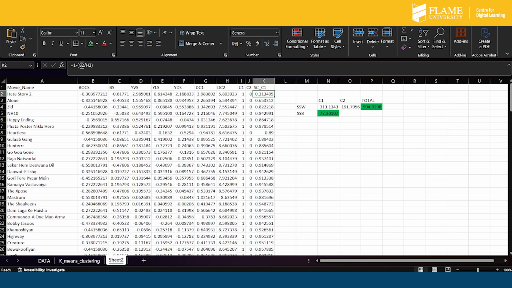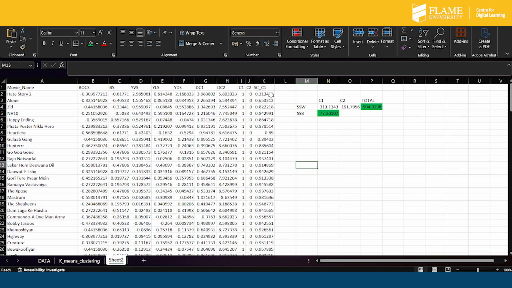Let's say this G2 value is reducing and H2 is increasing, so G2 divided by H2, this entire term, will be decreasing. In that case, 1 minus that decreased value will be increasing. So a higher silhouette score indicates that a particular member is very near to its centroid and far from the nearest cluster centroid.